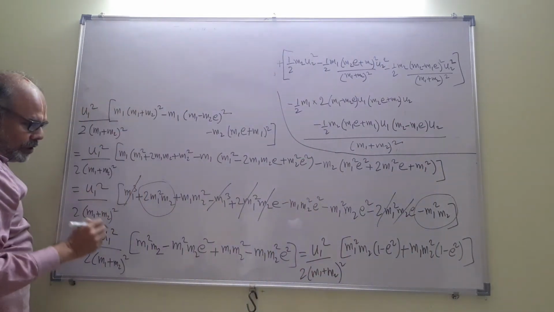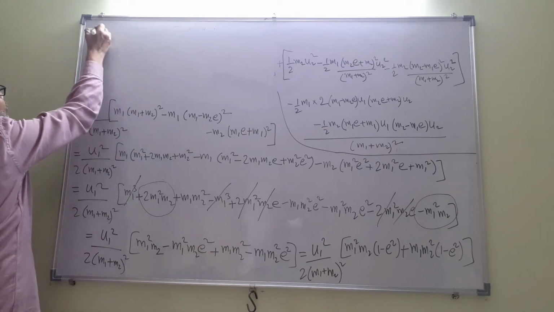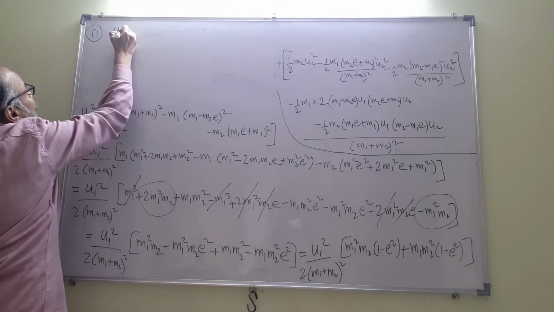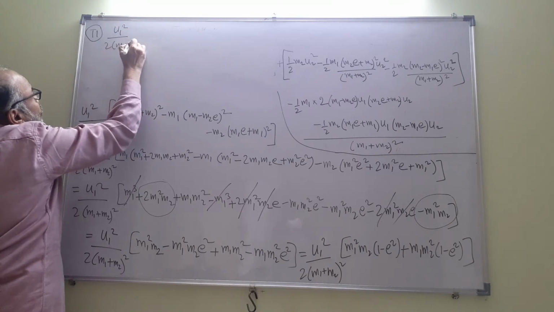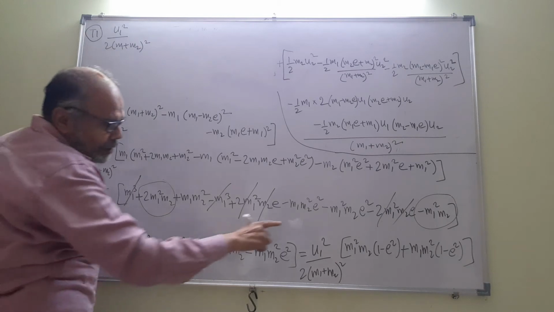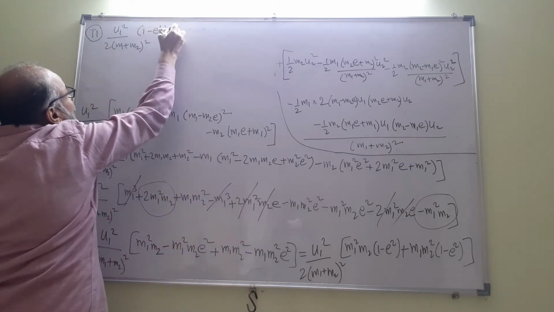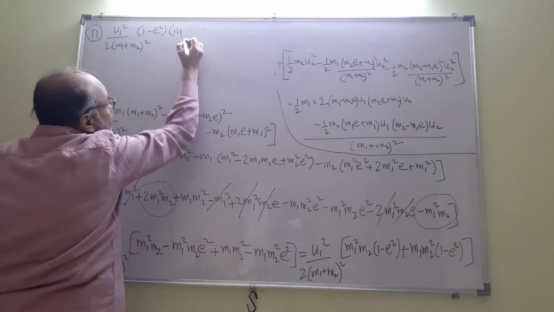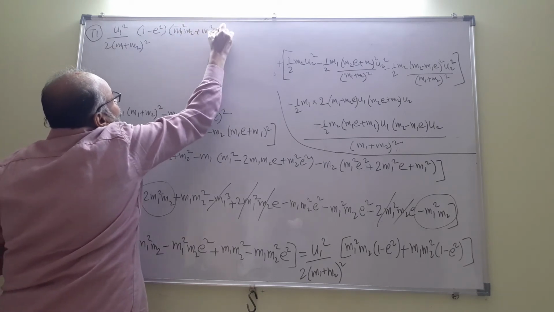So this will now be, the first term will be u1 squared by 2 (m1 plus m2) the whole squared, and 1 minus e squared is common. So if you take 1 minus e squared common, you will have m1 squared m2 plus m2 squared m1.